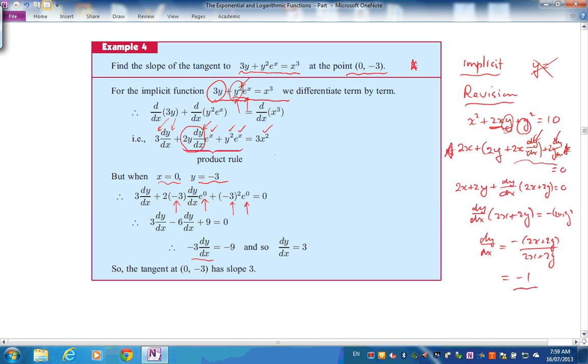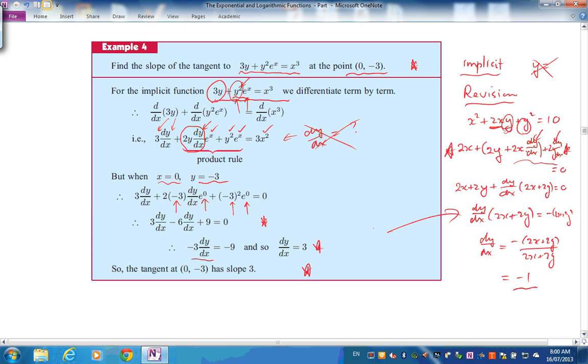You don't actually have to factorise dy by dx out here, right? You don't need that expression like I've done over here, because you're only evaluating at one point. So probably just leave it there, work with numbers and rearrange it with numbers. And so you've got the slope of the tangent.